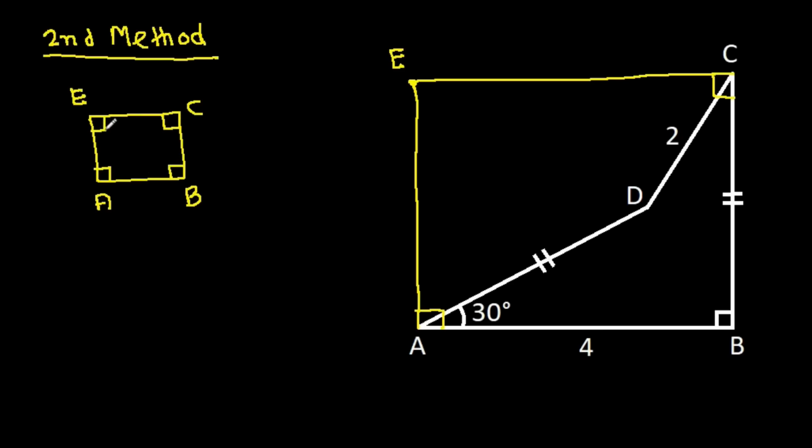So this angle will also be 90 degrees. That means ABCE will be a rectangle.